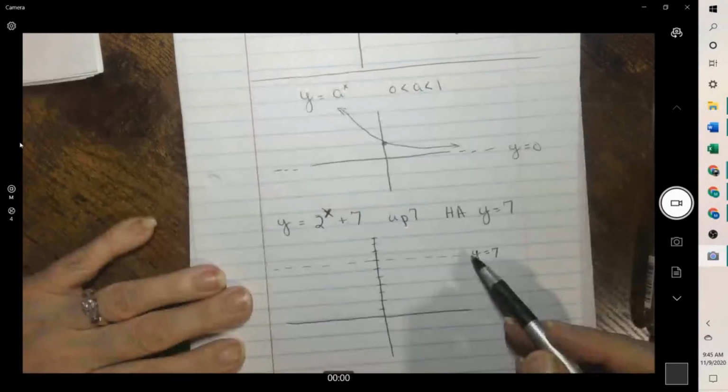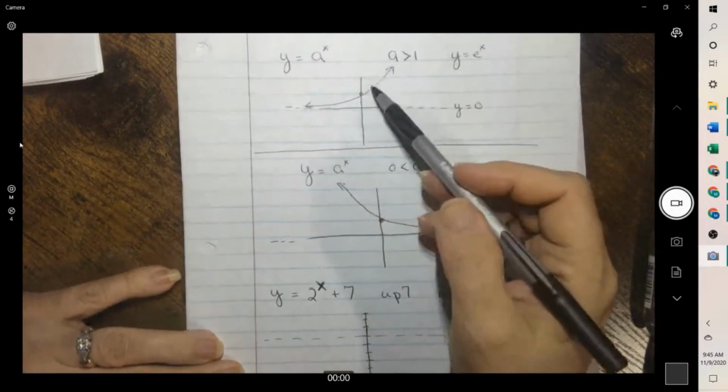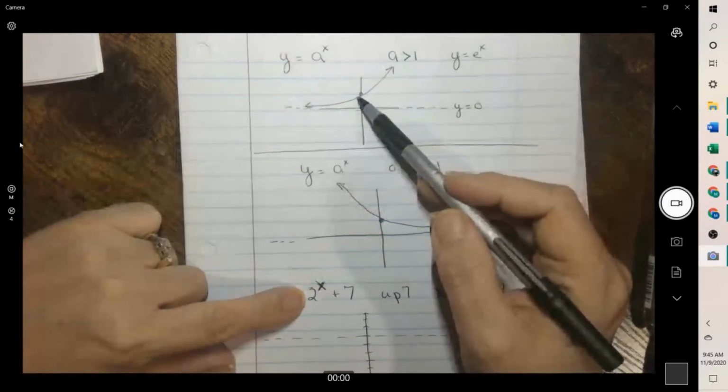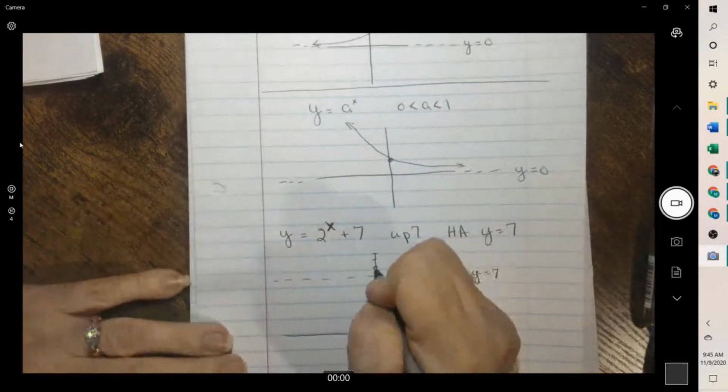So it moved up 7, which means this graph is growing quickly because this is the one that's greater than 1, because we have a 2. This at 1 moves up 7, so it moves up to 8.